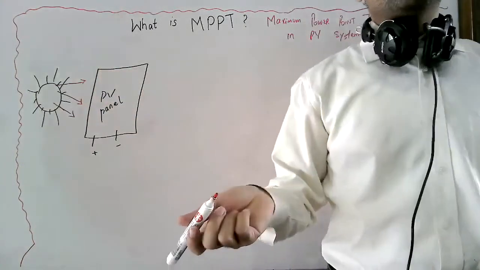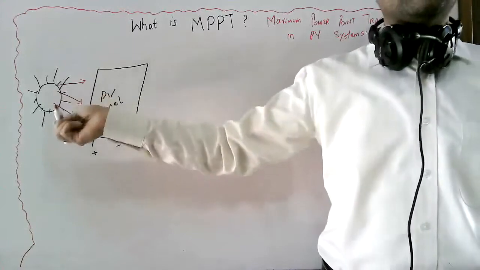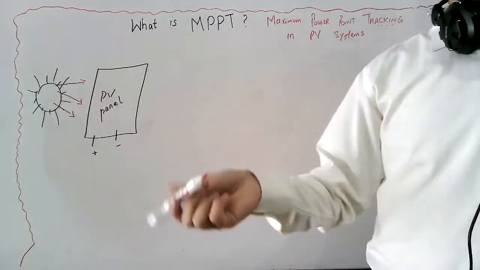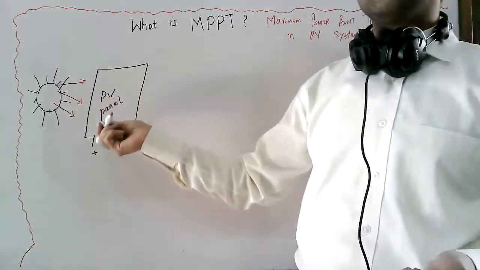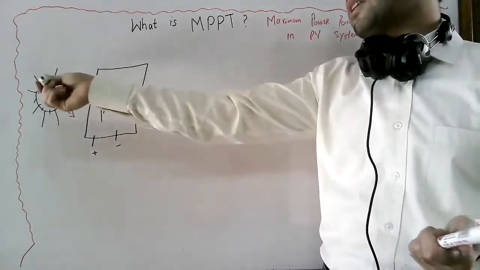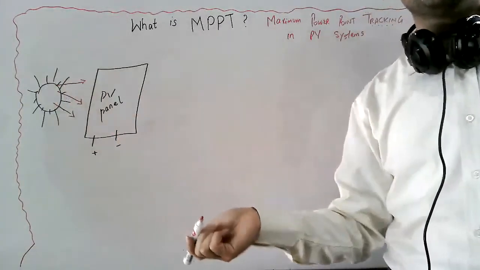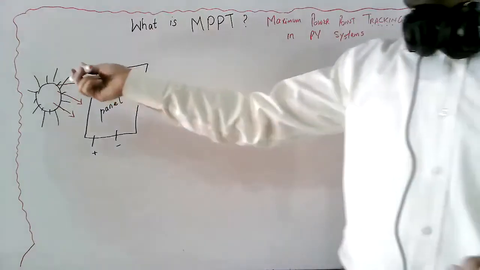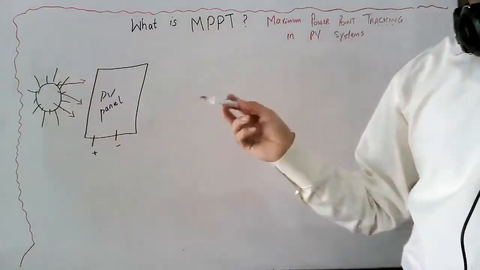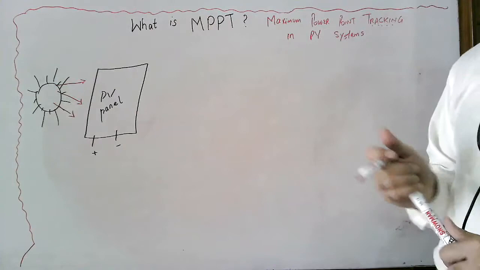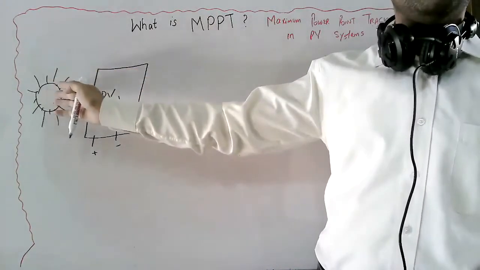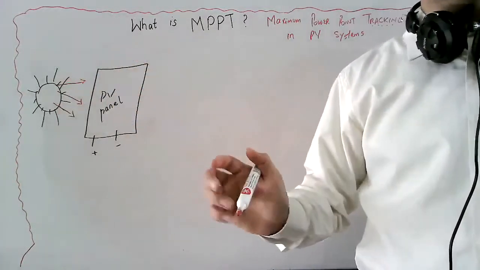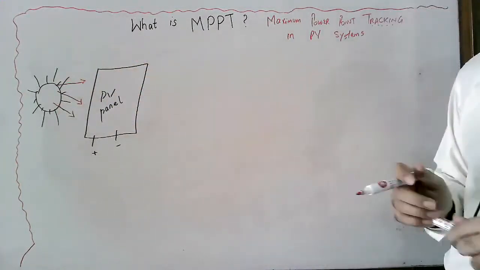Now you know that the sunlight intensity changes throughout the day. At 12 noon, it is maximum, so the sunlight on the panel is maximum, but early in the morning or in the evening, the sunlight on the panel is reduced. So the solar radiation on the panel is varying at every instant.